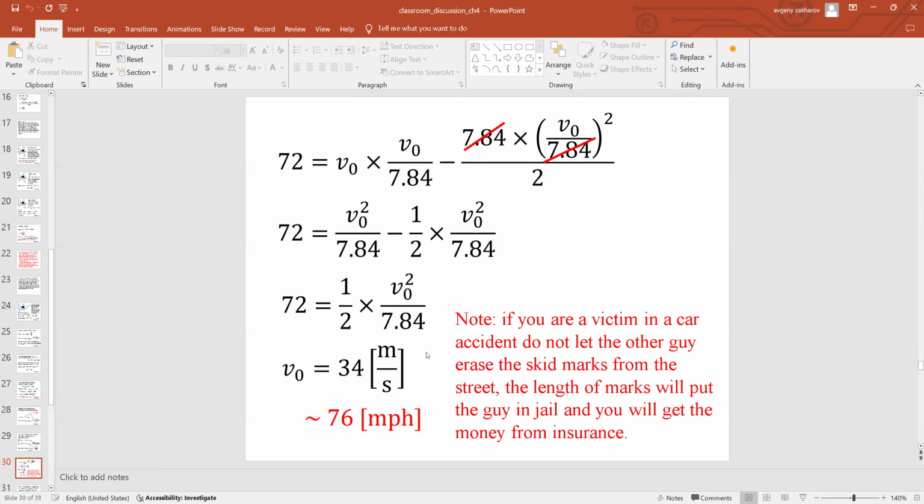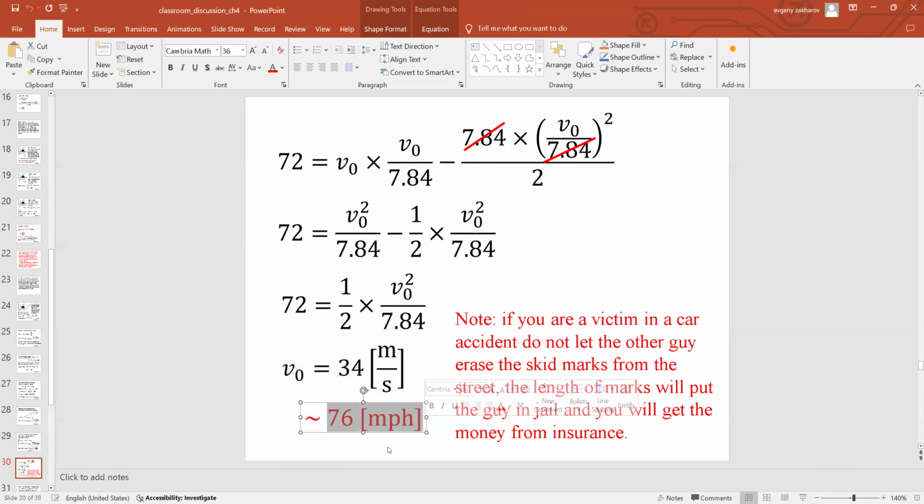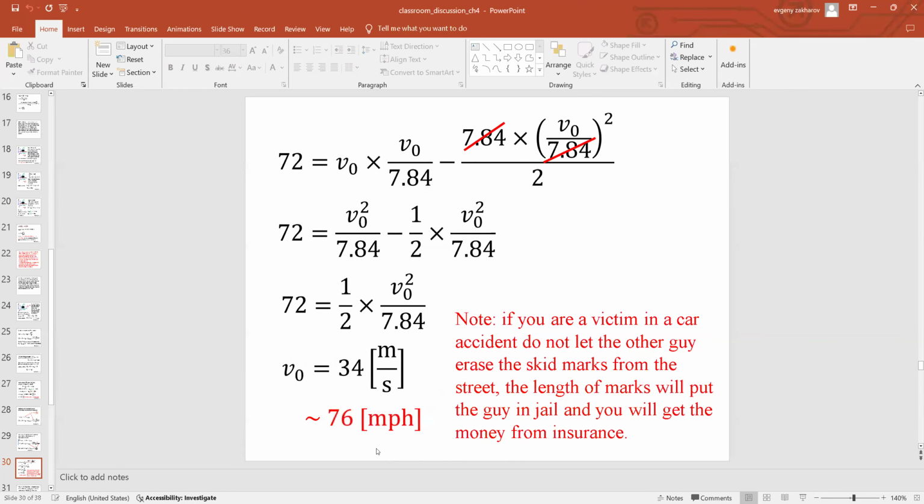So the length of the skid marks really tells everything about your initial velocity, and everybody knows it. I mean, cops know that, judges know that. So no matter what you're going to say in court, if the skid marks are 72 meters, they know that you traveled pretty fast. And how do they know?